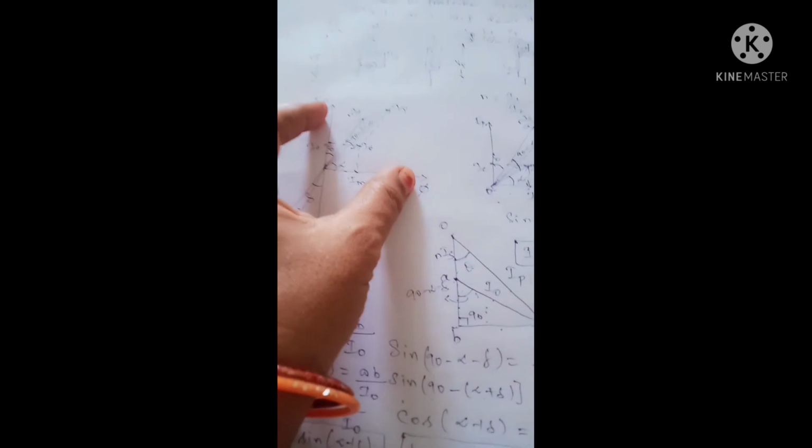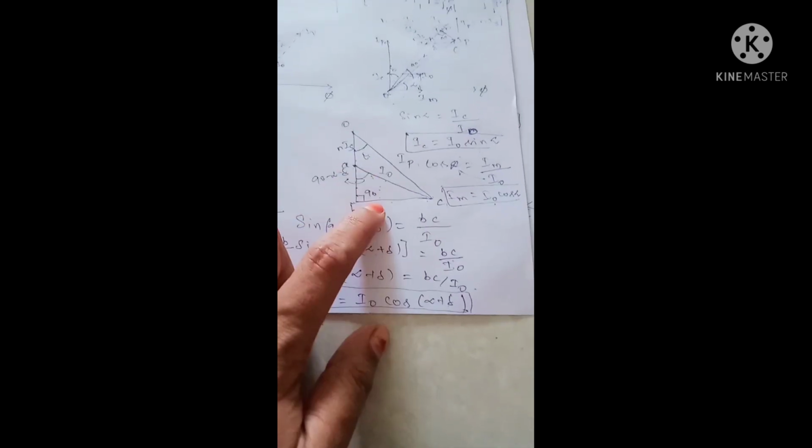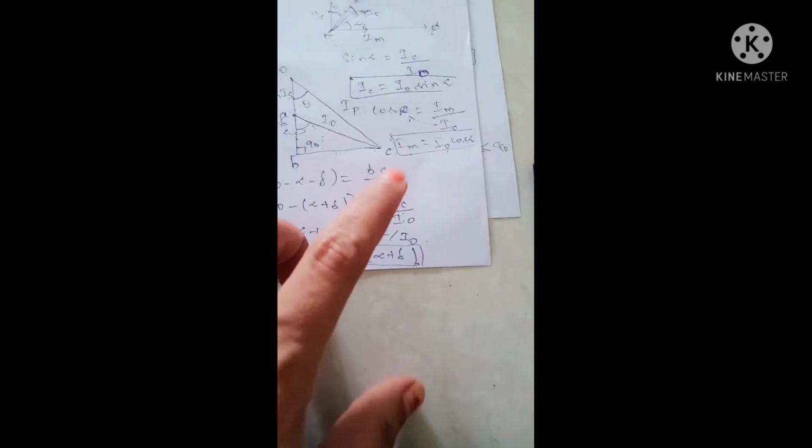To derive the expressions for phase angle error and ratio error, we considered the first quadrant and drew the triangle portion separately. From this triangle we found IC, IM, AB and BC, and based on these we derived the expression for ratio error, Kn.